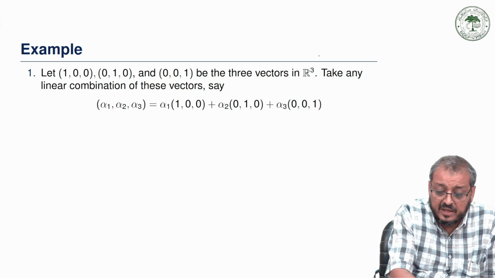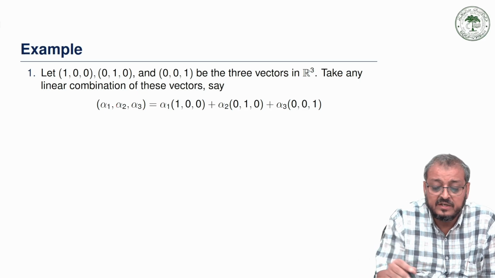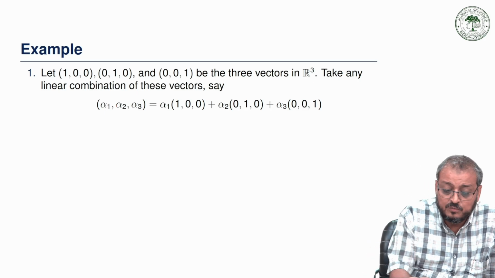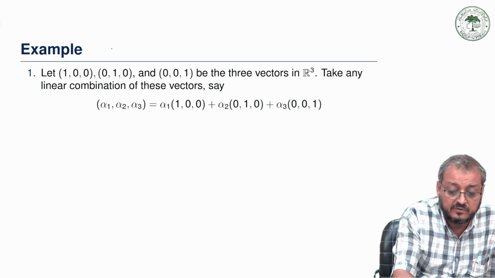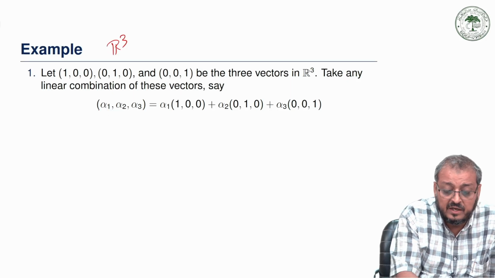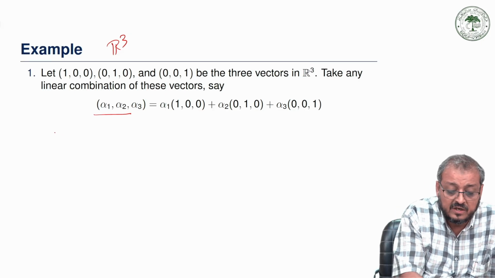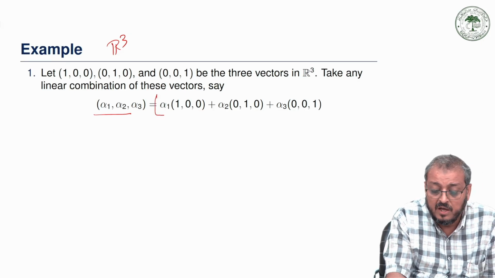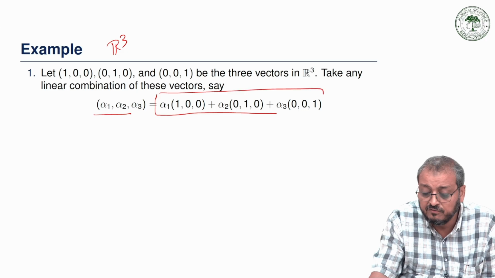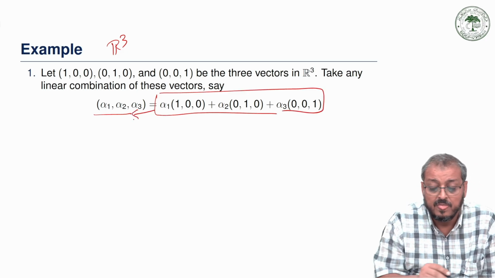Okay, so now we have these vectors, and we take a linear combination of these 2 vectors, assuming we are working in R3. I take any scalars alpha 1, alpha 2, alpha 3. We write a general linear combination in this form, alpha 1 into this plus alpha 2 into this. If we simplify this, it is equal to this form.